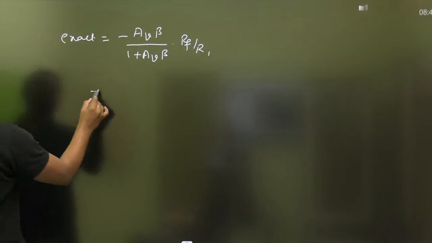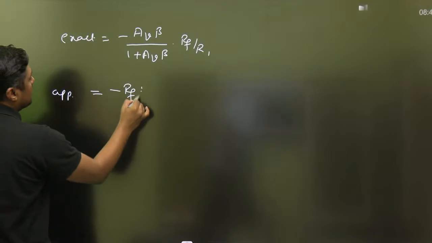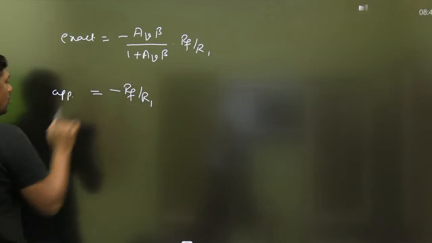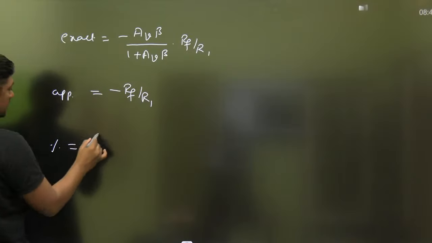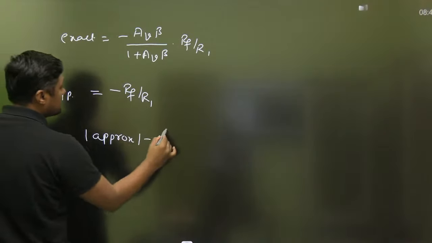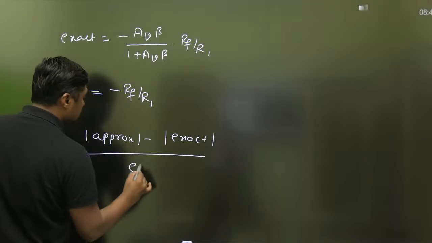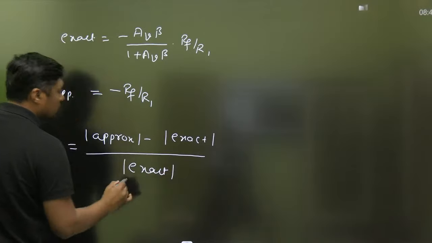What is the approximate gain? Approximate gain is minus RF by R1, and its magnitude is overestimated. So what is the error? Approximate gain minus exact gain, magnitude of exact, upon exact, into 100%.